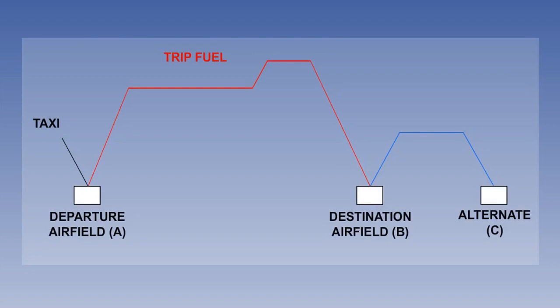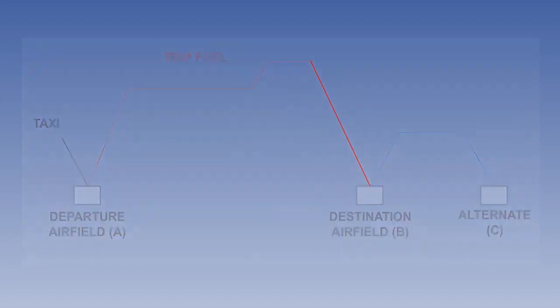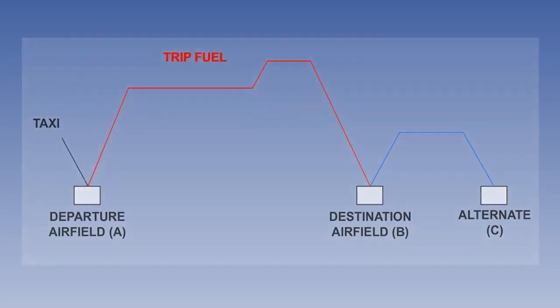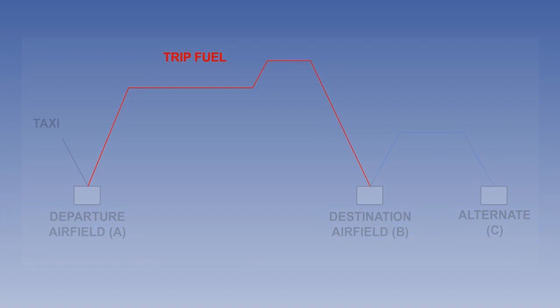We then add the fuel required from top of descent to the initial approach point, including any standard arrival procedures that may be required. Then finally, we add the fuel required for the approach and landing. The total of all this is known as the trip fuel.